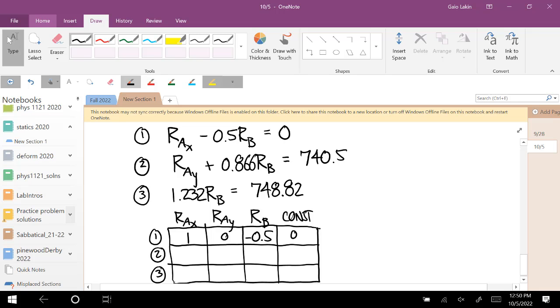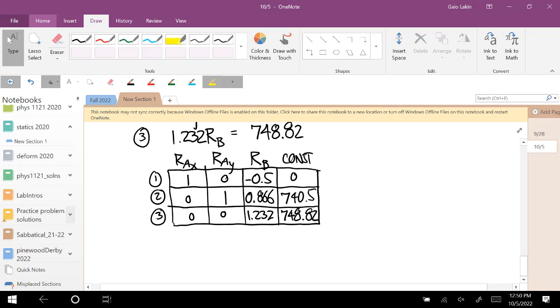The second equation, RAY's, there's 1. RB, there's 0.866. Constant, 740.5. And 0 for the other one. And then the last equation, RB's, there's 1.232. Constant, 748.82. And zeros.